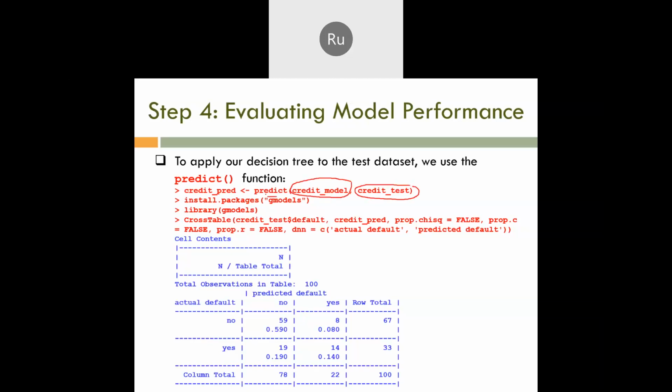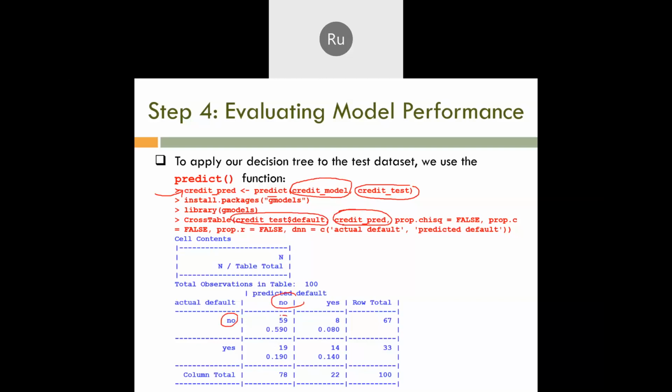Since we perform the prediction, this will consist of all the labels for the default, which is likely to default or no. Then we compare the predicted value against the actual one. This is the actual credit default, and this is the predicted one.